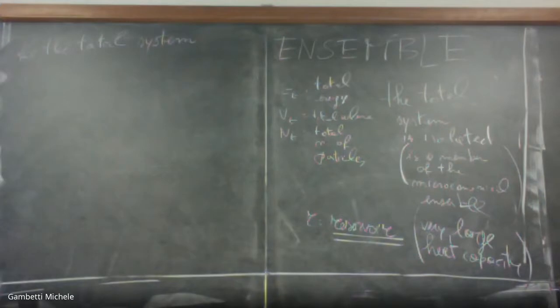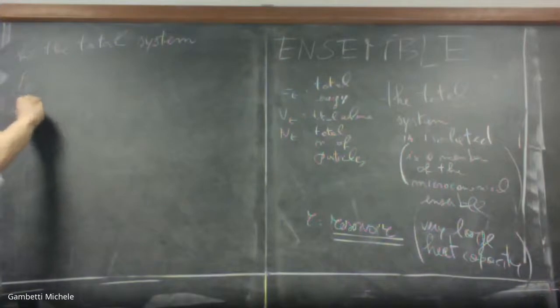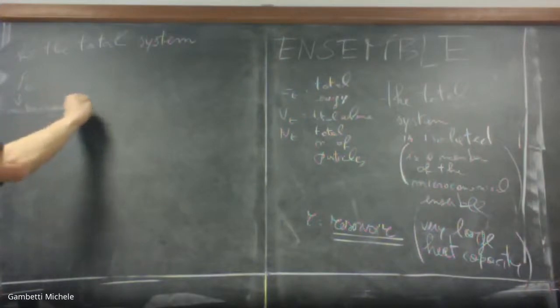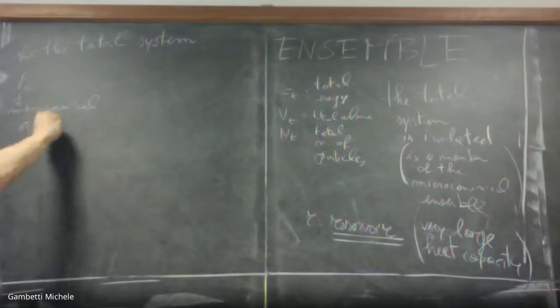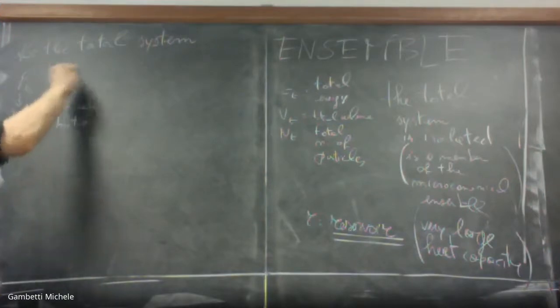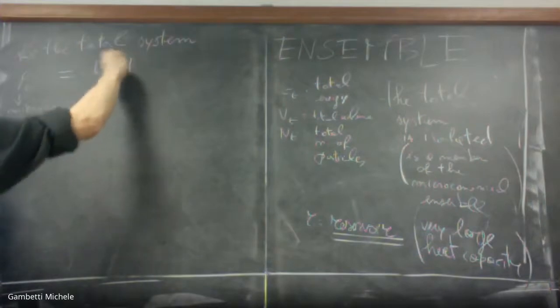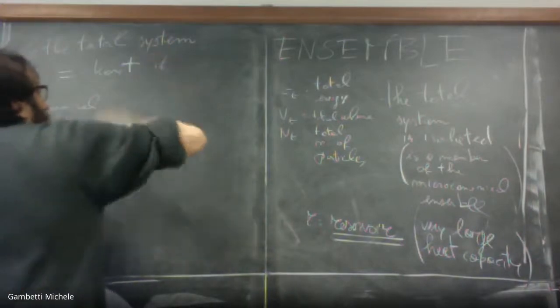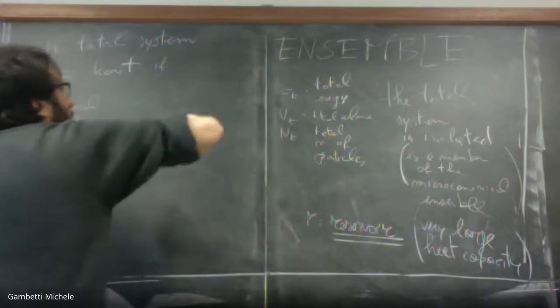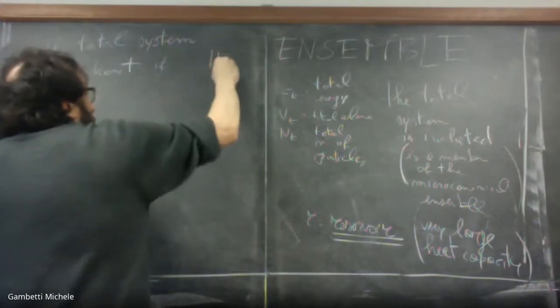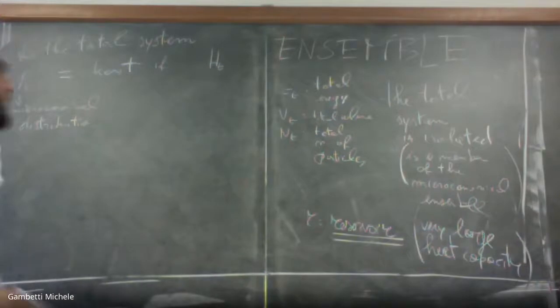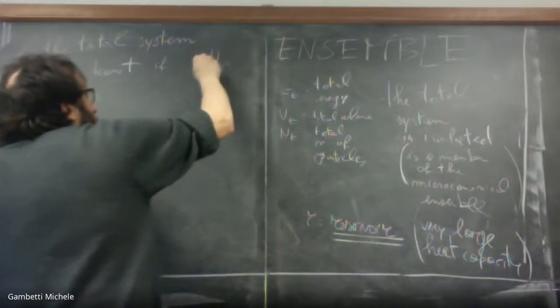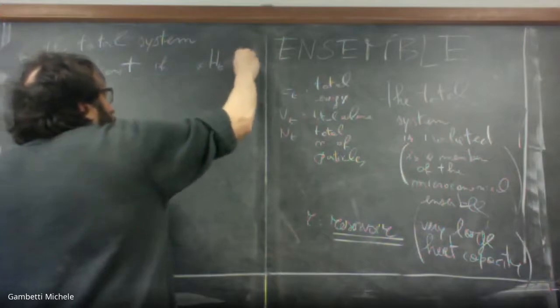I will have in general a microcanonical distribution which is equal to a constant when the total Hamiltonian fulfills the constraints of the energy. So this is constant in the region of the phase space for which H_T, which is the total Hamiltonian, is within the error bar of the total energy.